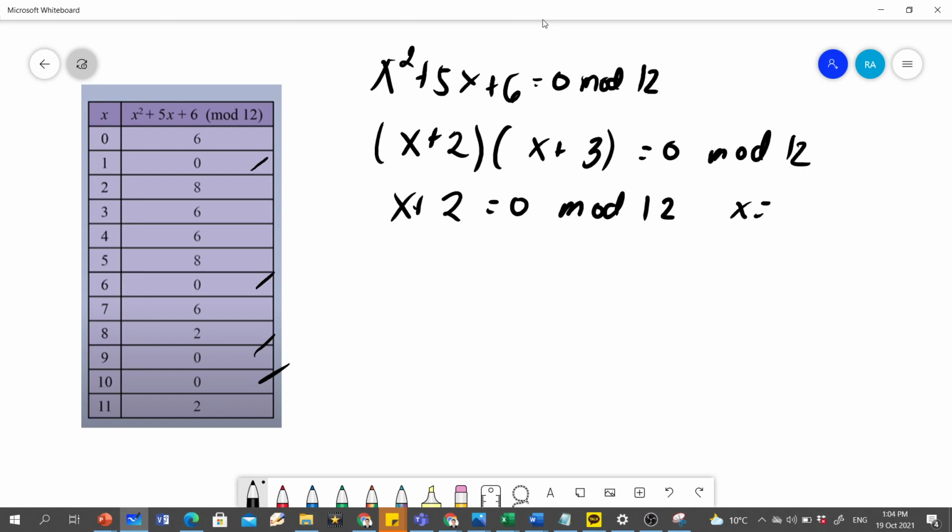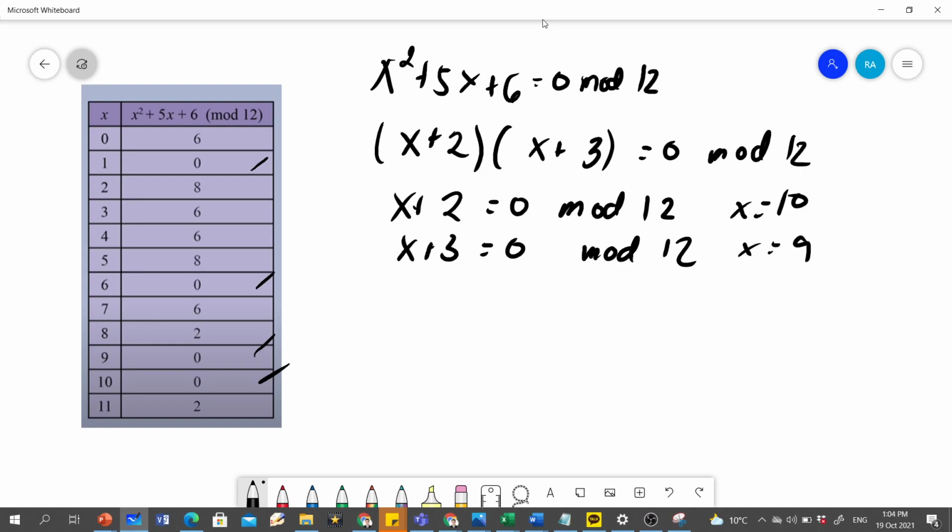Therefore, x should be 10. Then x plus 3 equals 0 mod 12. So the value of x should be what? 9, isn't it? But we didn't find those values here. Okay, but we have here 4 solutions: 1, 6, 9, and 10.